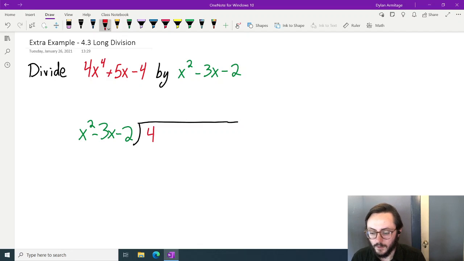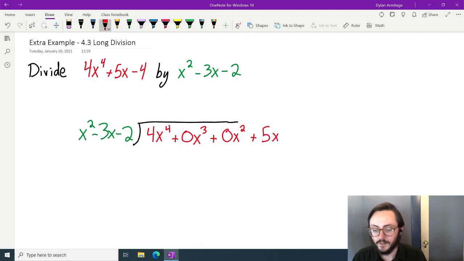So we have 4x to the fourth. Now we don't have any x to the third powers, so we have plus 0x to the third, plus, well, no second powers, so 0x to the second plus 5x minus 4.